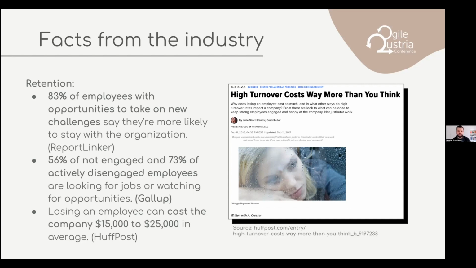And when it comes to the US market, losing an employee can cost an average of $15,000 to $25,000 for a company to prepare the replacement, because they lose some investment they've spent on training those people and hiring those people, and they will also lose some money on hiring a new person instead, getting them trained and making them perform.